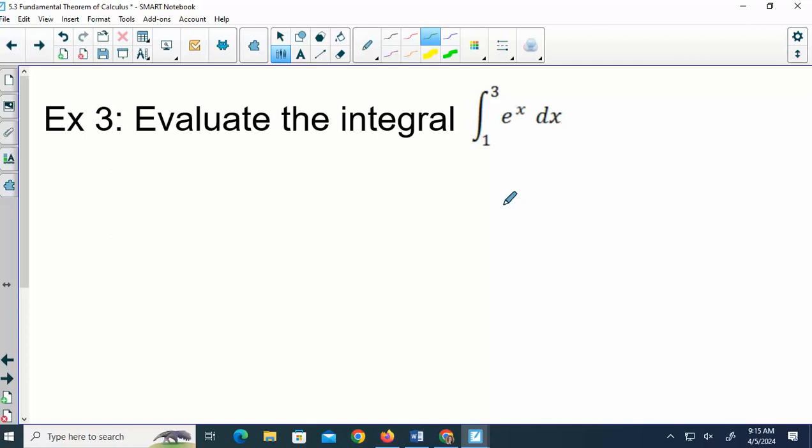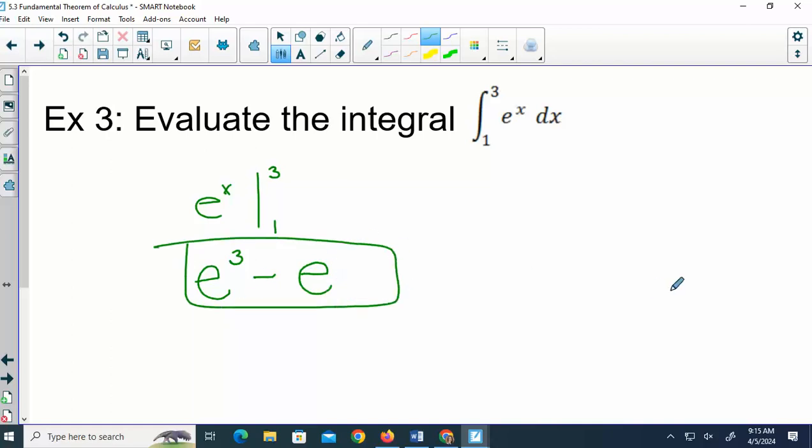So if I asked you to evaluate this integral, what is the antiderivative of e to the x? e to the x, and we're evaluating this from, so what do we get for our answer? e to the third minus e to the first.